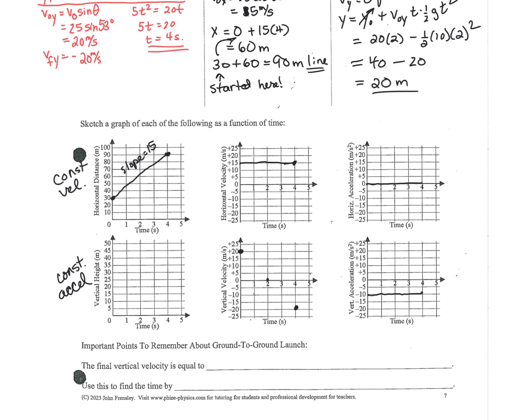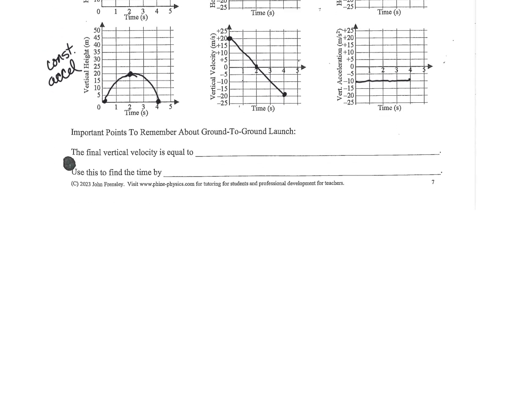So it's going to cross and be at its highest at 2. It's going to be at 0 velocity, because we found that from our picture. And for that entire time, it's going to start at 0, and it's going to end at 0, and the highest it went at 2 seconds was 20. So here, we also know it has to be curved to look like a parabola. So boom, there we are. Ground-to-ground launch.